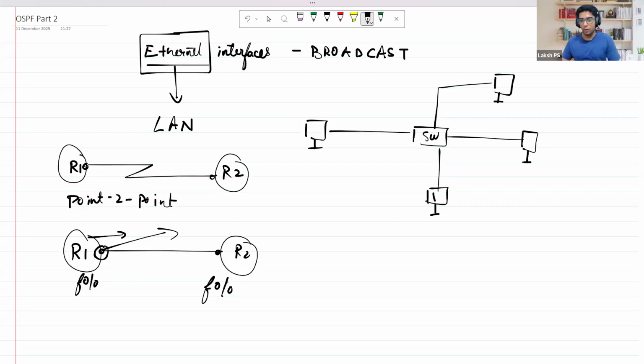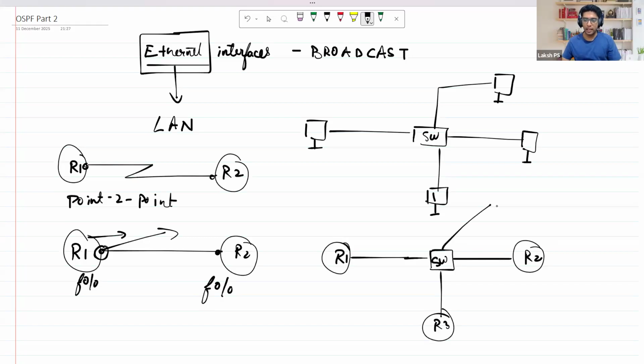Got it? Now let us assume from OSPF's perspective that an Ethernet interface is like this: many routers will be connected on this particular link because it's a LAN interface.